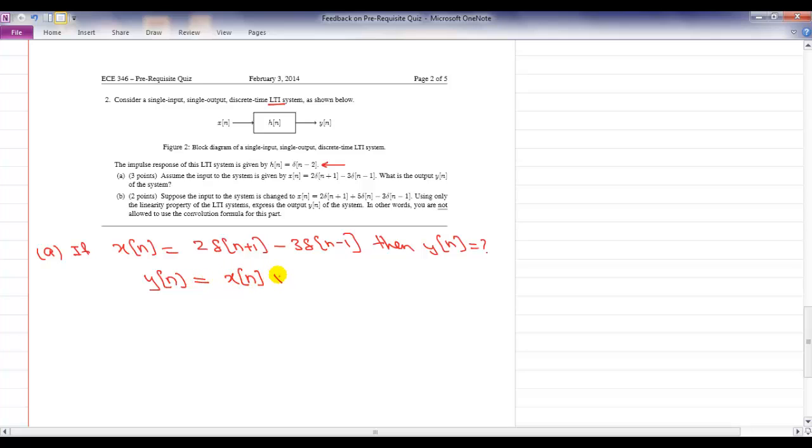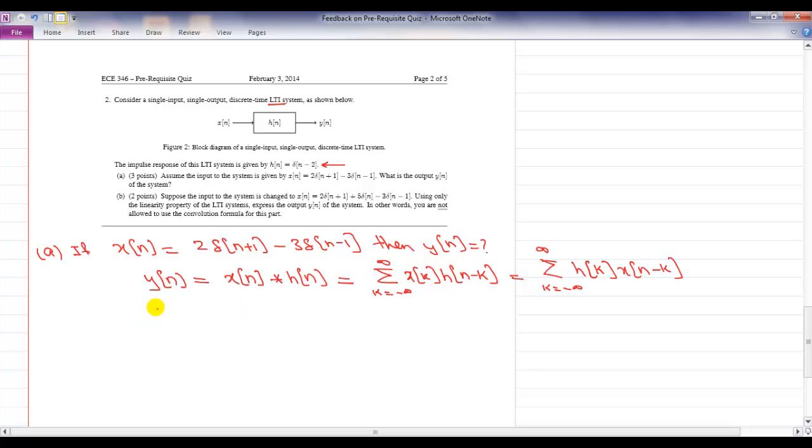So we get x of n convolved with h of n, and because we are talking about discrete systems and discrete inputs, this is discrete time convolution, not continuous time convolution. The formula is the sum over k from minus infinity to infinity of x of k h of n minus k, or as we discussed earlier, you could change which part is fixed and which part gets flipped. So it could be h of k and x of n minus k too.